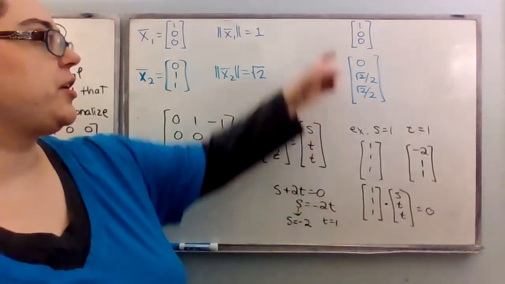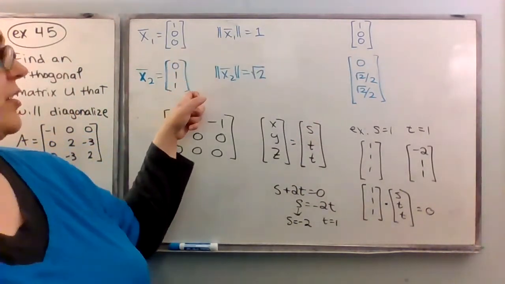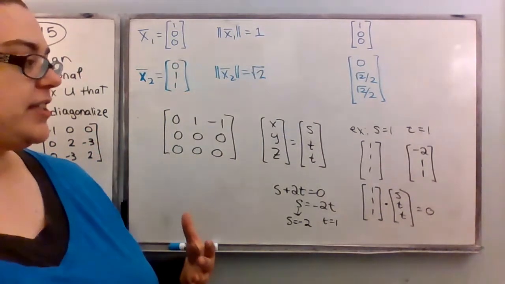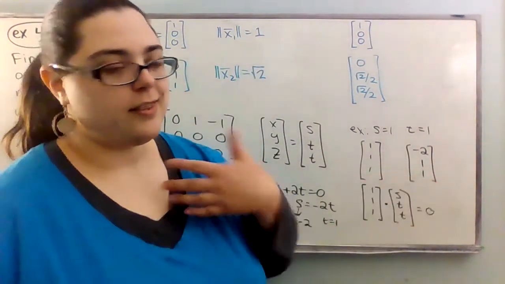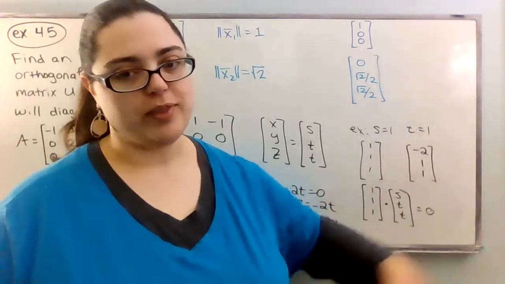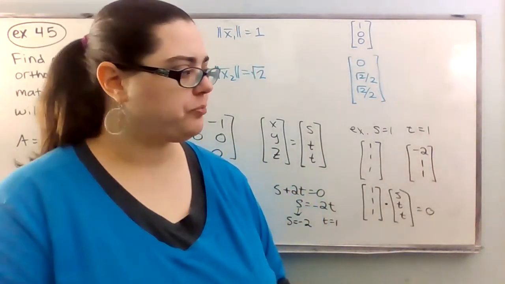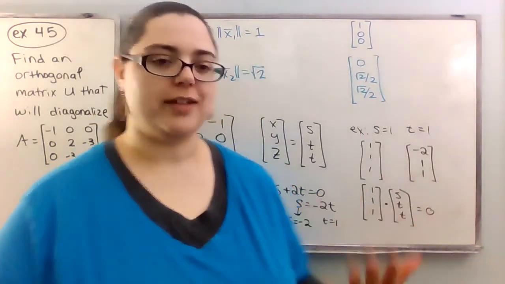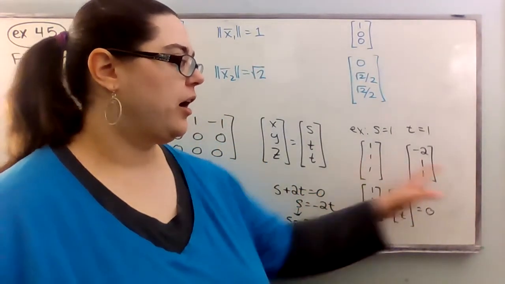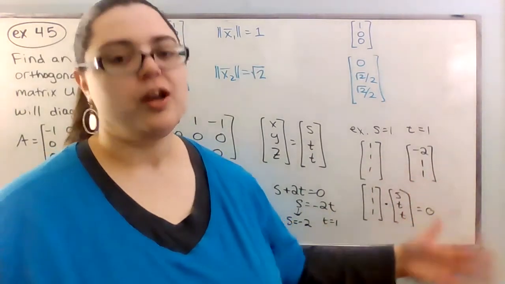So instead of using 1, 0, 0 and 0, 1, 1, we could have just as easily used 1, 1, 1 and -2, 1, 1. And then we would have used these coupled with that third one that we had found. So that's how, if you have multiple eigenvalues, you can end up with multiple sets of orthogonal eigenvectors.